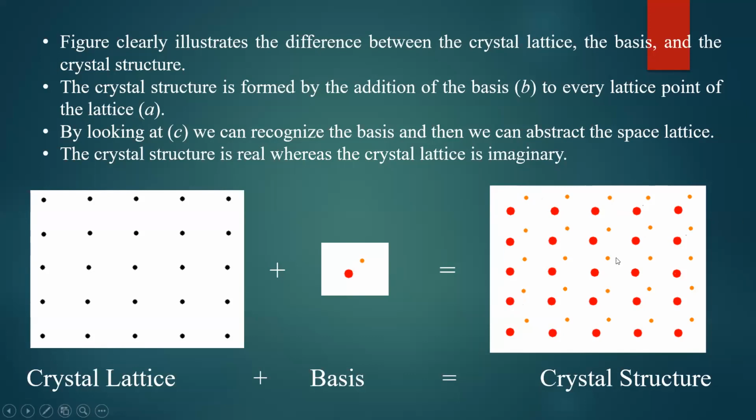If you remove each and every atom here, every structural unit, you will be left with certain points. These are the points, and this is actually the arrangement of the structural units in the crystal. So this gives imaginary markings, and that gives you the nature of the crystal structure. The crystal structure is real, whereas crystal lattice is imaginary. Remember, this is imaginary. We can extract this crystal lattice by looking at the crystal structure.